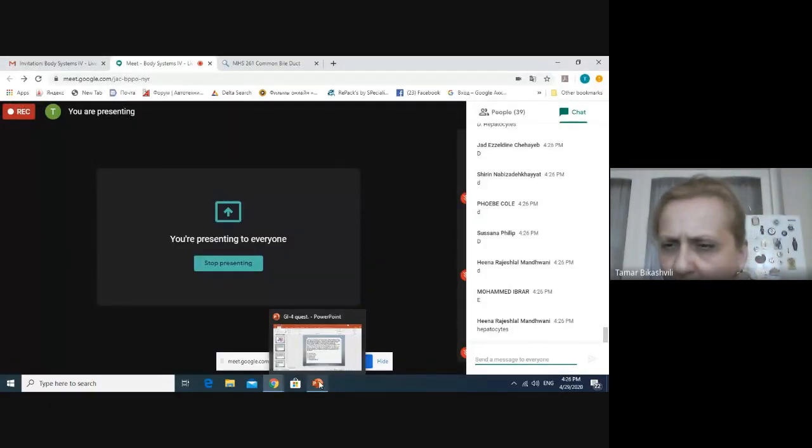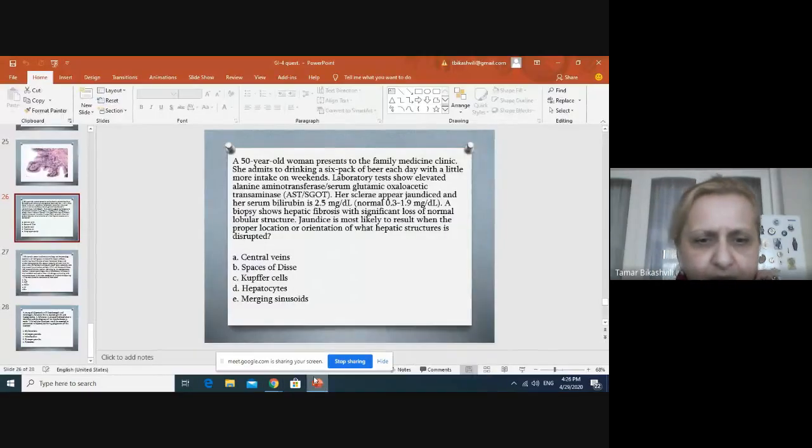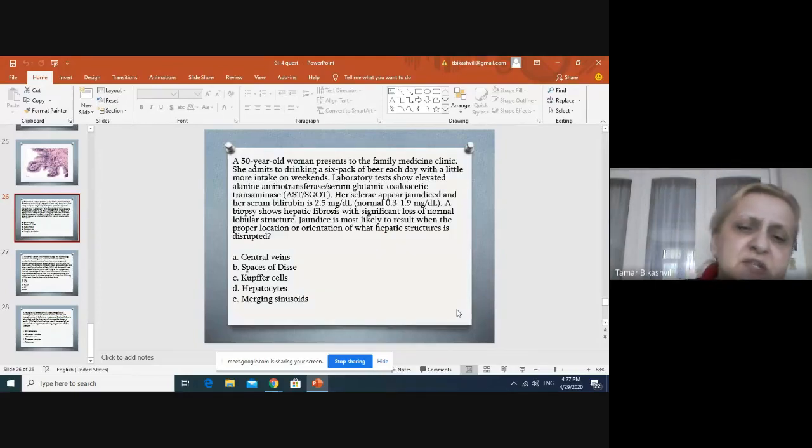Hepatocytes. D, E, hepatocytes. So not sinus, yes, the hepatocytes. This is the reason of damage to hepatocytes, the main cells of the liver tissue.